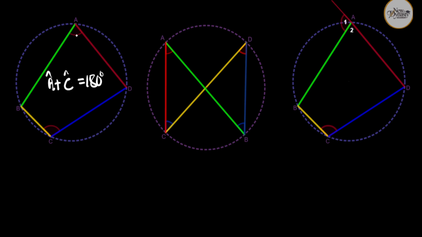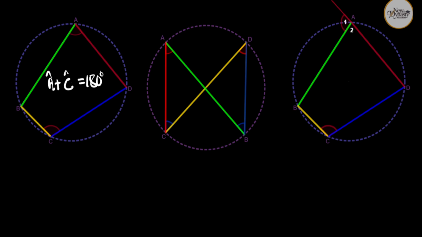You can see that A and C are the opposite angles of this cyclic quad. Therefore, you can prove that this is indeed a cyclic quad. If you can prove that the opposite angles are supplementary, you can prove that that is a cyclic quad.